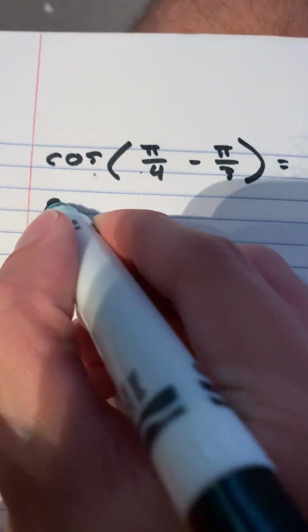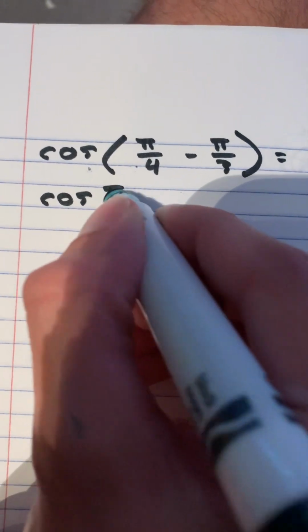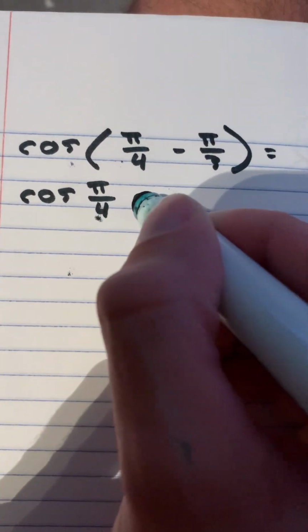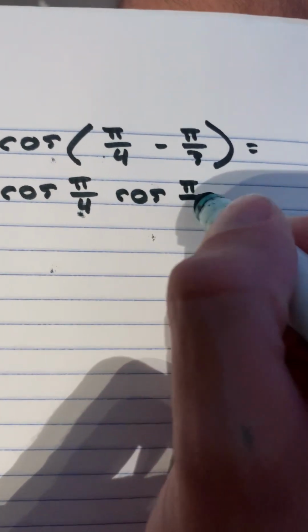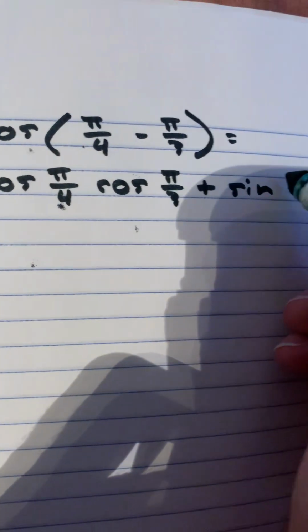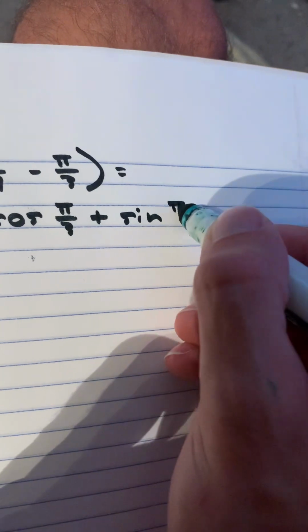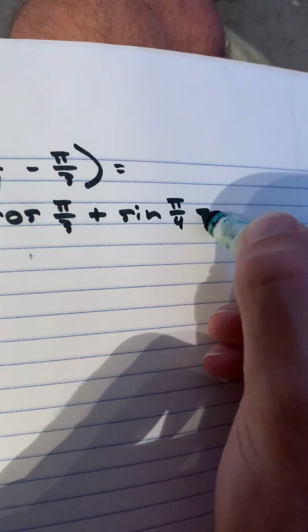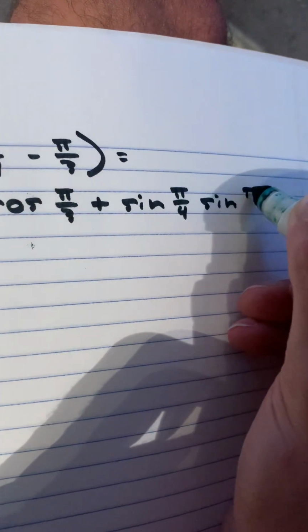Given my trig identity, that should give me cosine of pi over 4 times the cosine of pi over 3 plus the sine of pi over 4 times the sine of pi over 3.